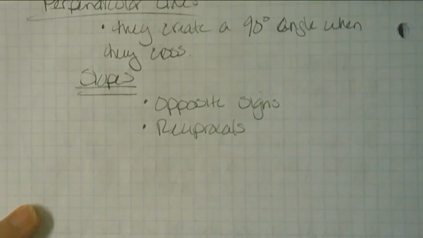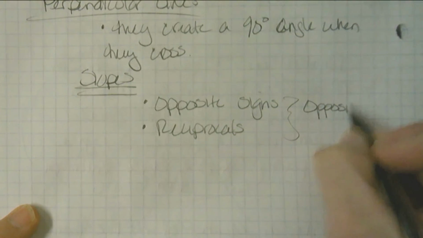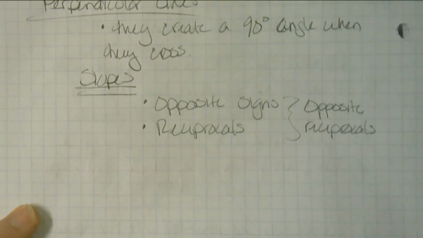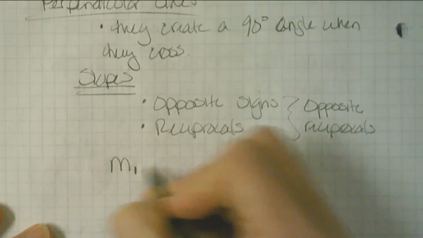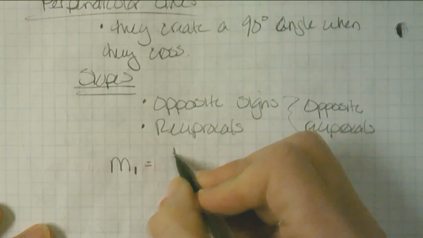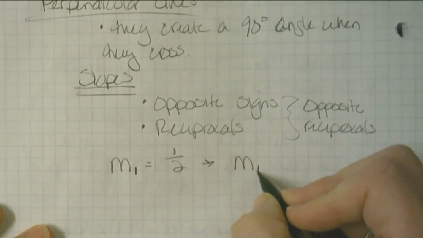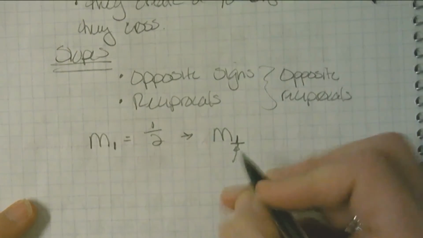I call this opposite reciprocals. So let's talk about what that means. If I have the slope of my first line, let's say it's 1/2, what would be... this little upside down capital T means perpendicular.